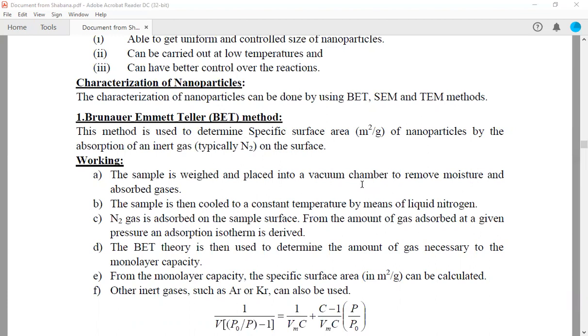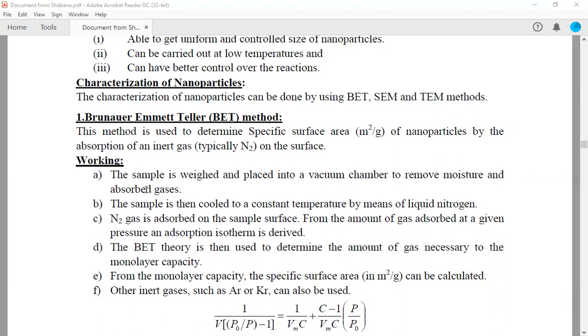To remove the moisture and the adsorbed gases. After taking the sample out of the vacuum chamber, it is clean and pure, without any moisture and adsorbed gases. Then it is cooled at a constant temperature by means of liquid nitrogen.